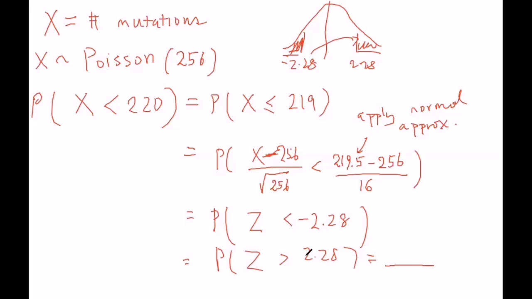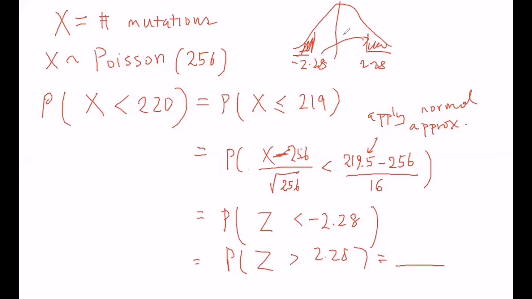Now you might be curious why you have a 0.5 coming out for continuity correction. This is basically just a geometric consequence. I'll show you why. When you use a normal approximation, for example, suppose you have some discrete probabilities like this.